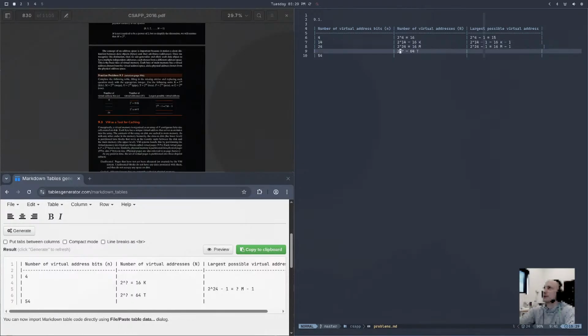And then this is going to be 2 to the power of something is 64t. Okay. Well, 10 is k, kilo, mega, giga, tera. So that's going to be 40. And you have 64, which is 2, 4, 8, 16, 32, 64, 6. So it'd be 46, I think.